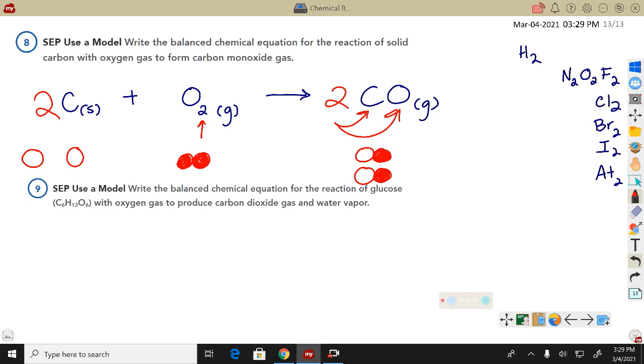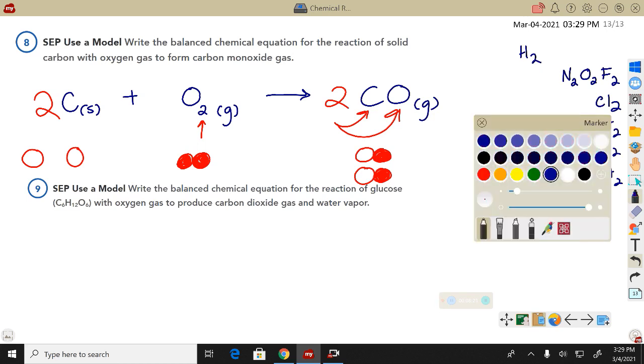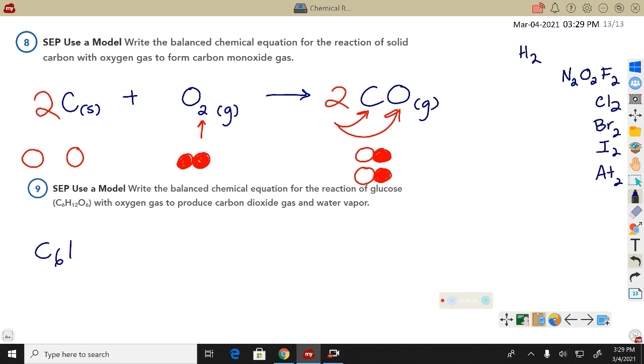All right, number 9. Here's a good one. Write the balanced chemical equation for the reaction of glucose, C6H12O6, with oxygen gas, who's still one of these diatomics. Glucose is a sugar, so they're not telling me, but usually this would be a solid. And they are hinting that oxygen is a gas.